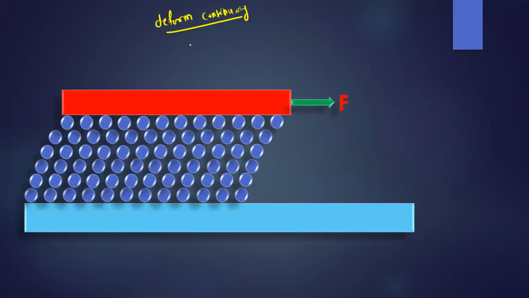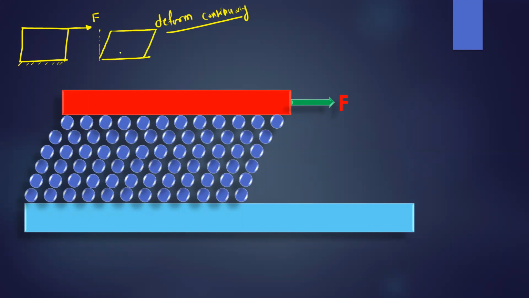Okay, so in case of solid, suppose we have a rectangular block and this plate is fixed. Just consider this is the solid. Okay, and you apply the force F on the top surface. So what will happen? The solid will deform permanently like this.